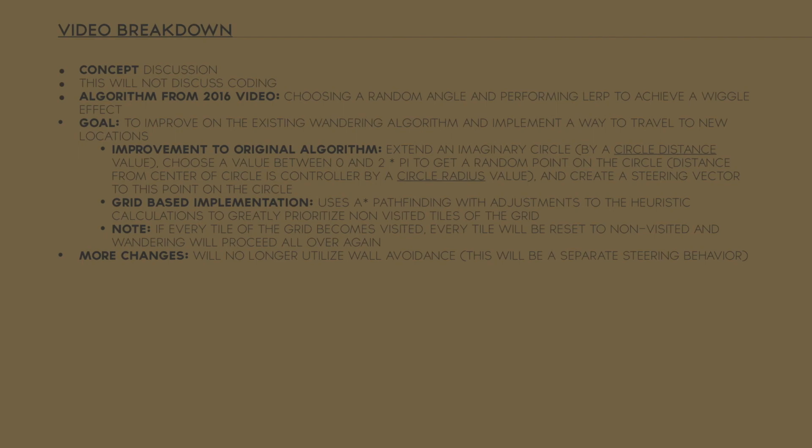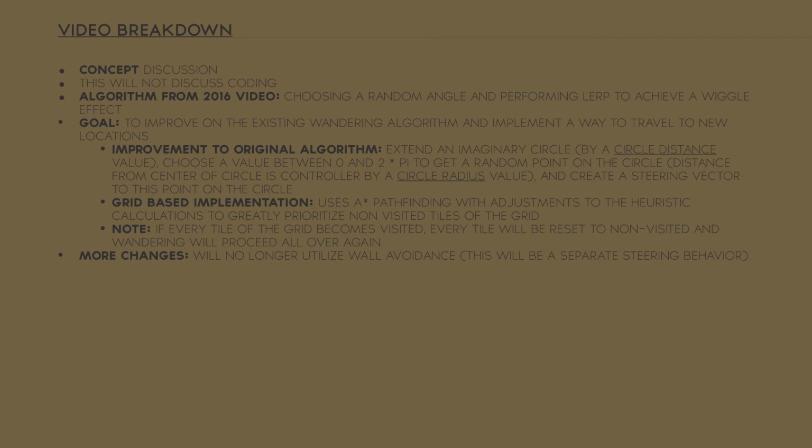So improving on this algorithm by implementing the grid-based wandering is going to be very good for future artificial intelligence. We can make sure every segment of the game has been looked at when our enemy is wandering. And the good thing about the grid-based approach is that with a little bit of modification, you can extend it by having a path.